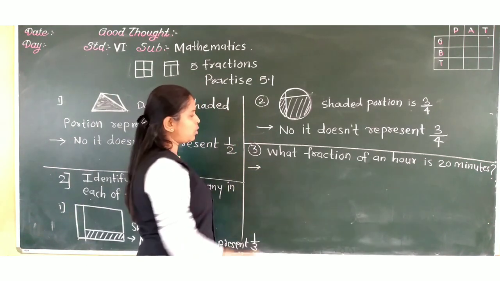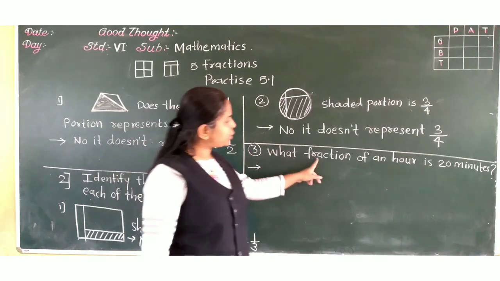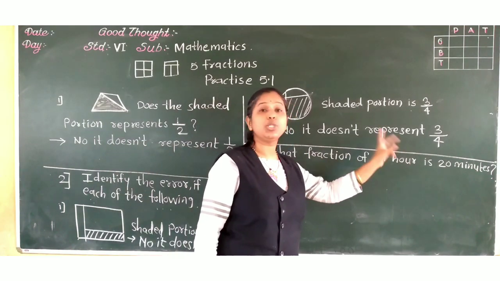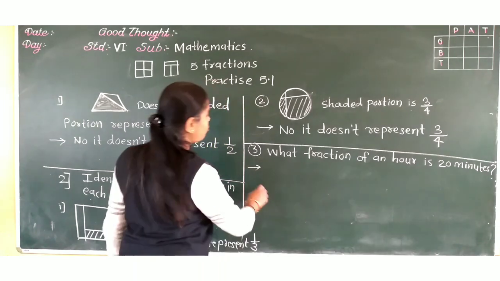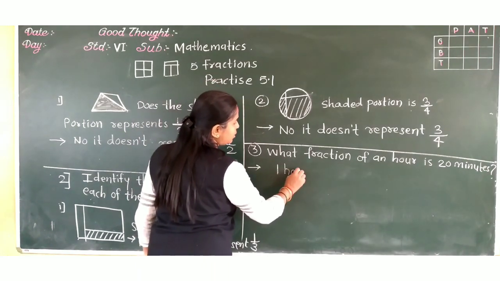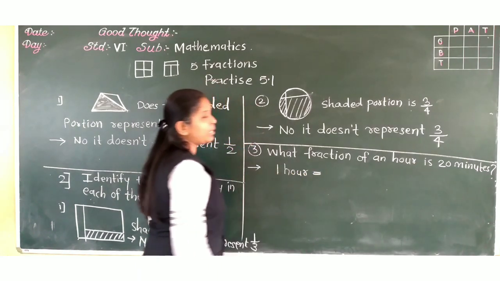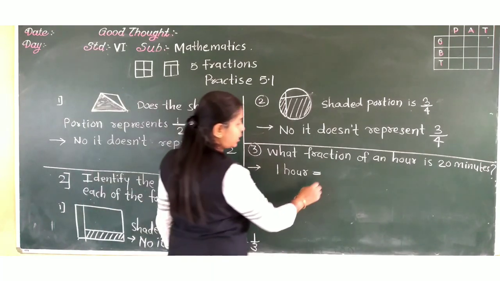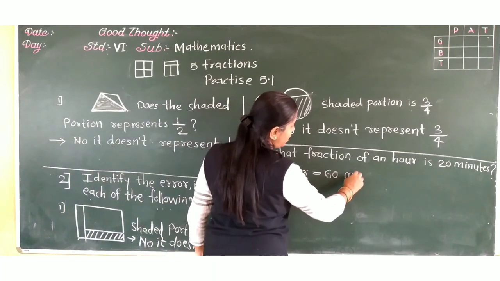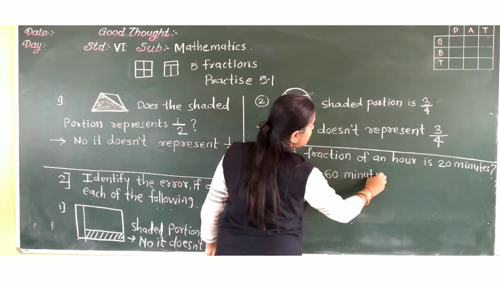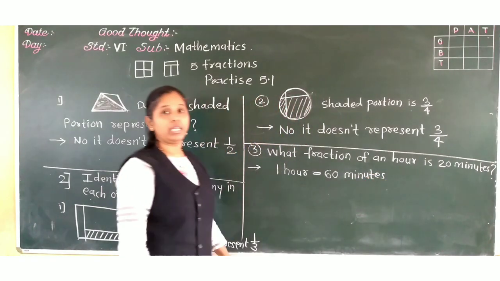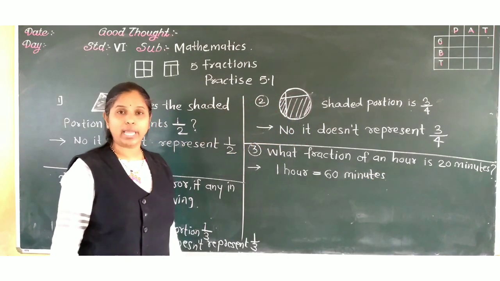Next is question number 3. What fraction of an hour is 20 minutes? Now first of all, 1 hour means how many minutes? 60 minutes. We have discussed earlier that numerators and denominators must be in equal or same units.